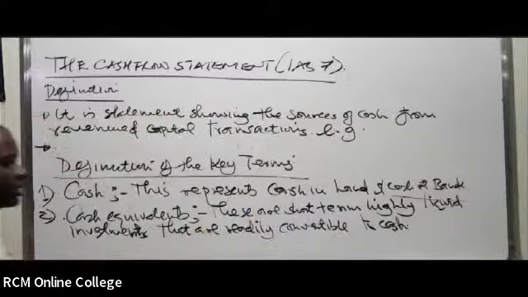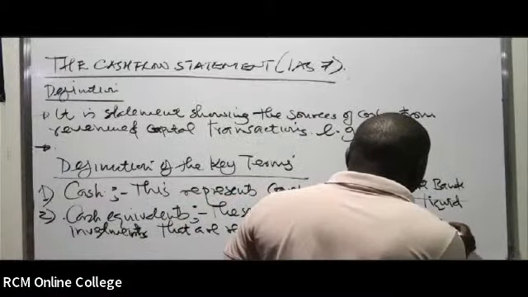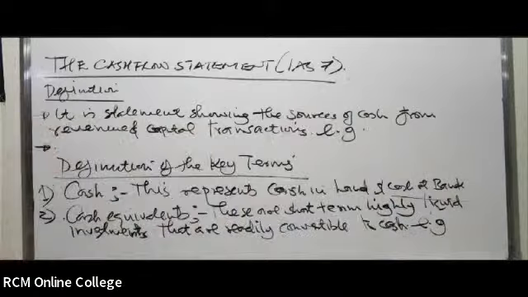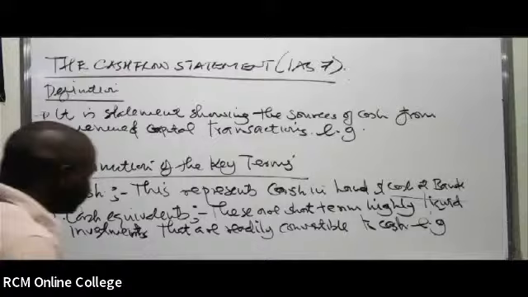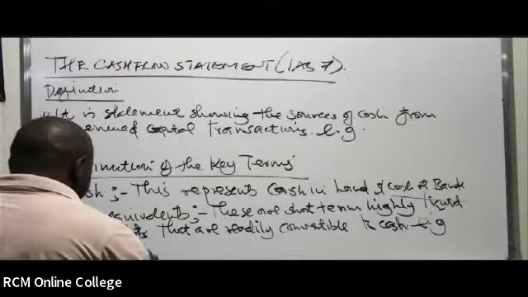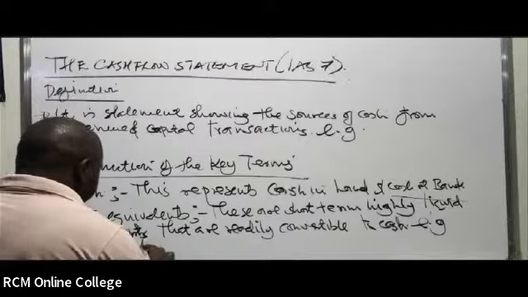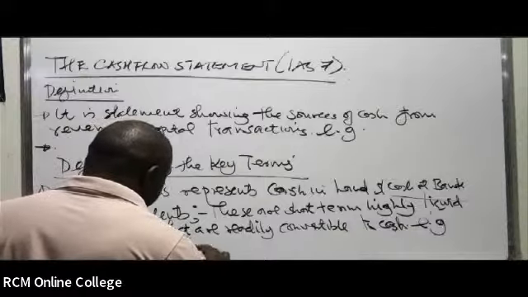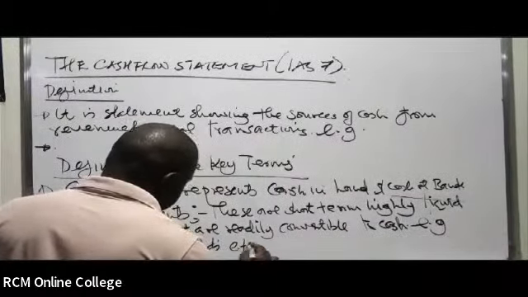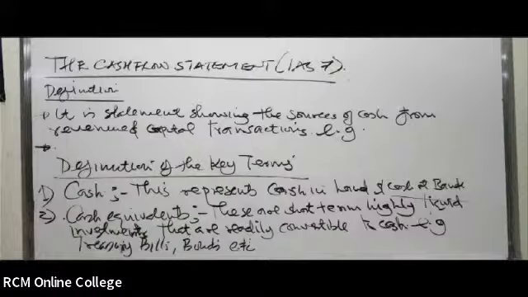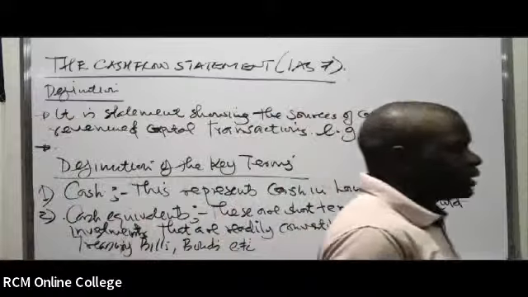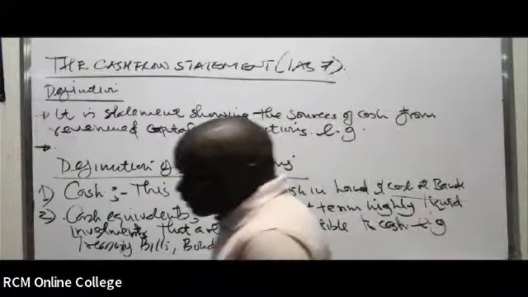You can give examples of these readily convertible instruments, assets or investments that you can easily convert into cash, e.g., treasury bills or bonds, etc. So we are known as cash equivalents. It's just your cash, but now it is held by another entity. So you can easily sell it to be able to have real cash.